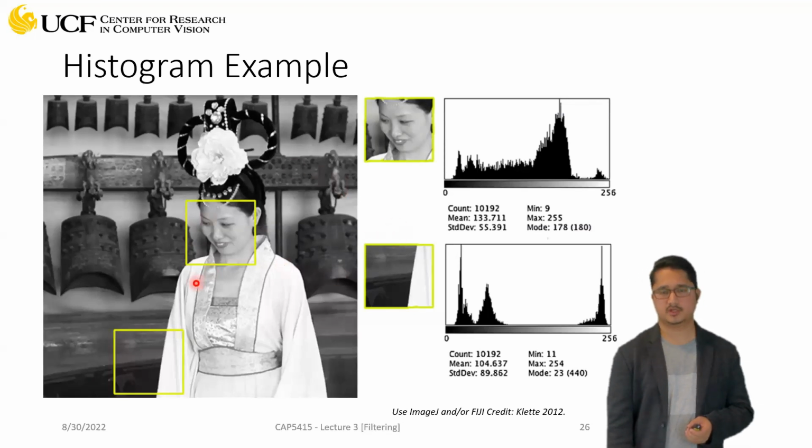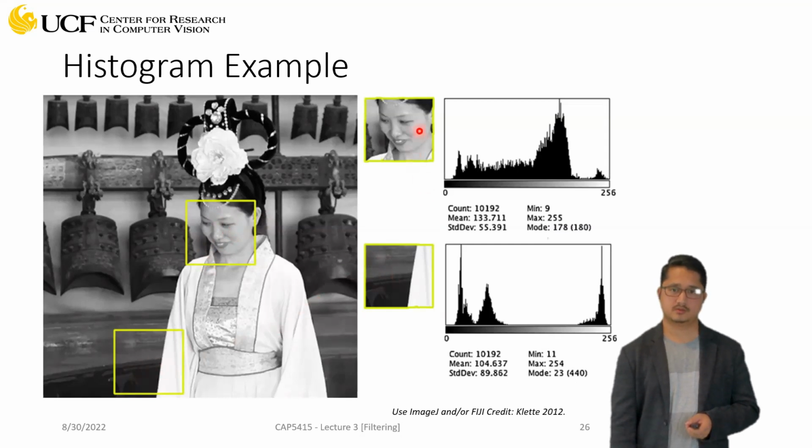This is the input image, and I'm showing 2 different patches from the same image. This is patch 1, and this is the second patch over here. For this particular patch, this is the histogram, and you can see that we don't have a lot of very bright pixels.